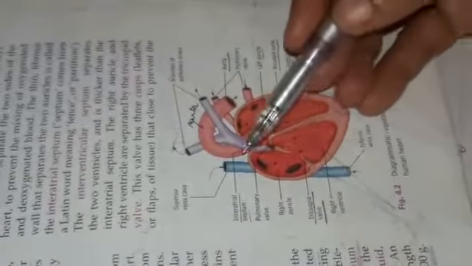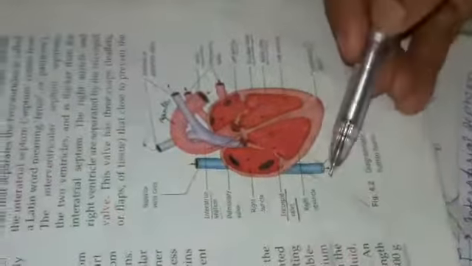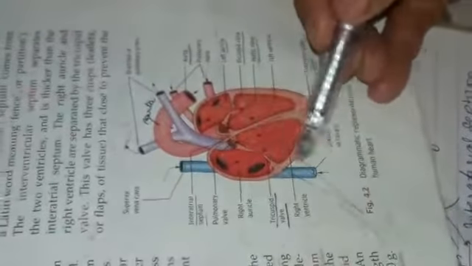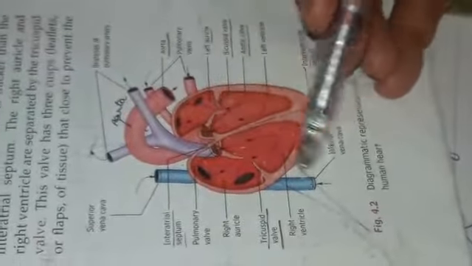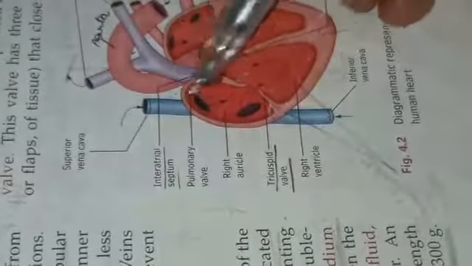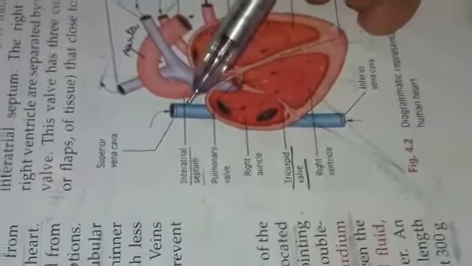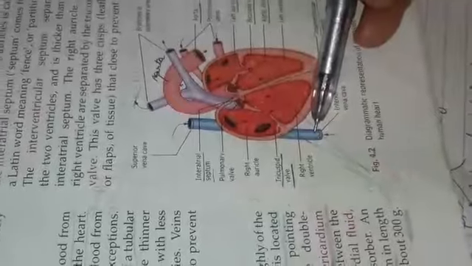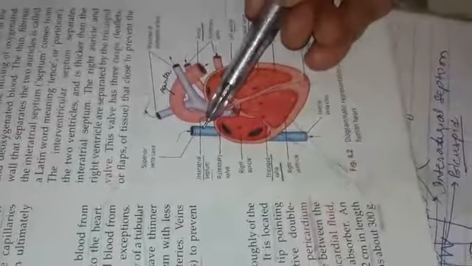Now, from where does the blood enter into the heart? Firstly, the blood enters the heart by these big vessels called the superior vena cava and inferior vena cava. Superior vena cava brings blood from the upper part of the body, and the inferior vena cava brings blood from the lower part of the body.